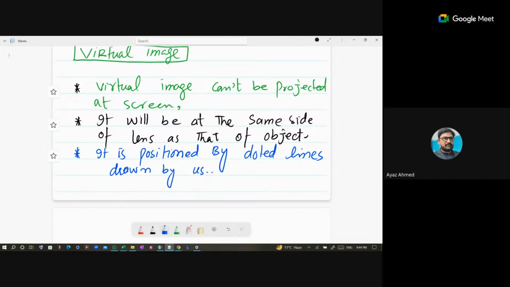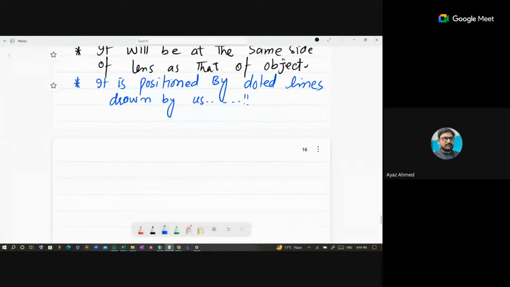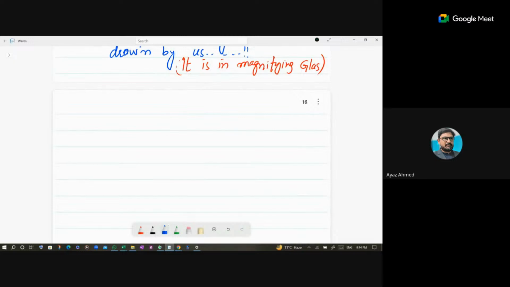We draw those lines, because actually, light rays never intersect each other. And let's write a final benchmark: it is in a magnifying glass. Remember this. Whenever you have a magnifying glass, the image would be a virtual image.